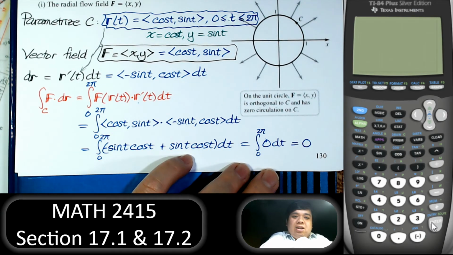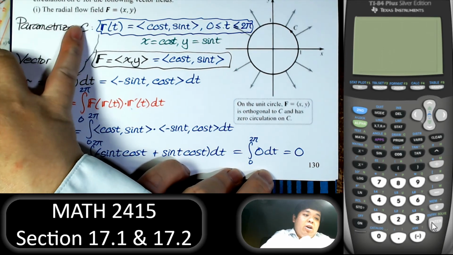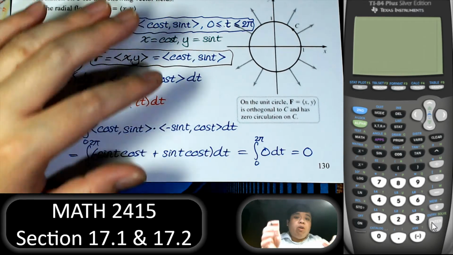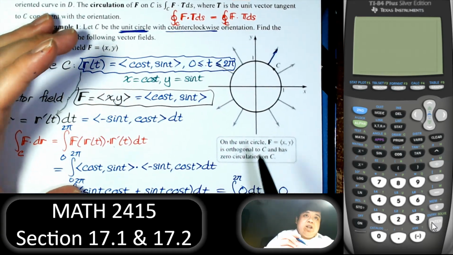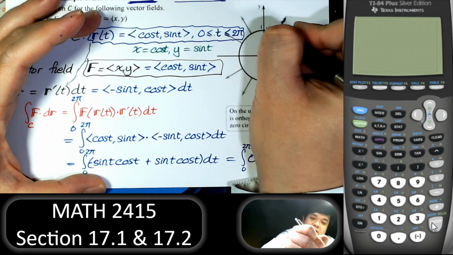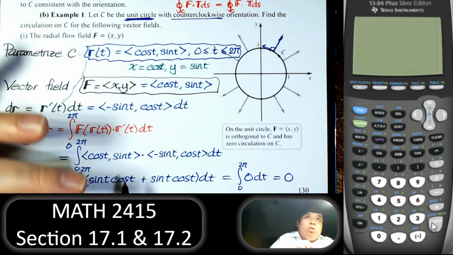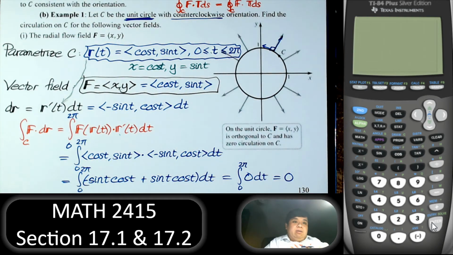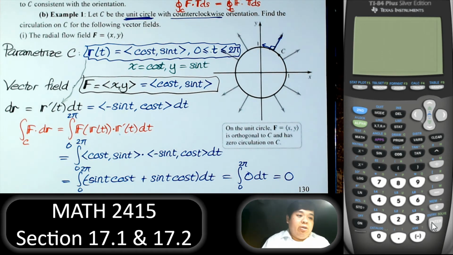So what is that? Did that make sense? Now think about this. What we have here is the radial flow field, going from the center out like this. The circulation goes along the tangent vector, and because they are orthogonal, the dot product is equal to 0. So if the vector field points from the center out and we go orthogonal to all of the vector field, then it's going to be 0.